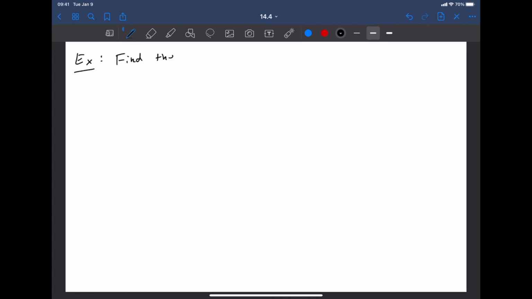Find the tangent plane to z equals f of x, y equals x squared plus 3xy minus y squared when x equals 2 and y equals negative 3. Try this out. It's the same exact steps as the last one. Careful with your partial derivatives. Pause the video. Try it out.